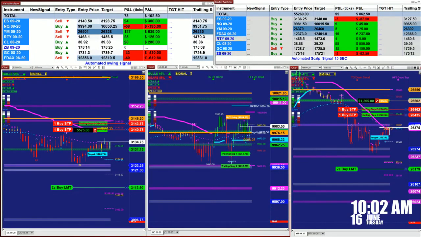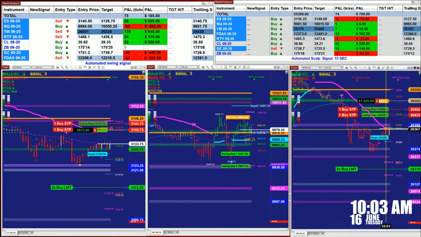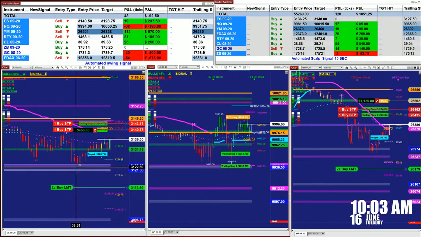This is really sad. So right now, what I'm expecting in this area on the YM is a re-entry point. And on the NASDAQ, there is no trade whatsoever at the moment. Sorry, guys, there is no trade on the NASDAQ. And as we see here, it's very clear what happened to the ES.